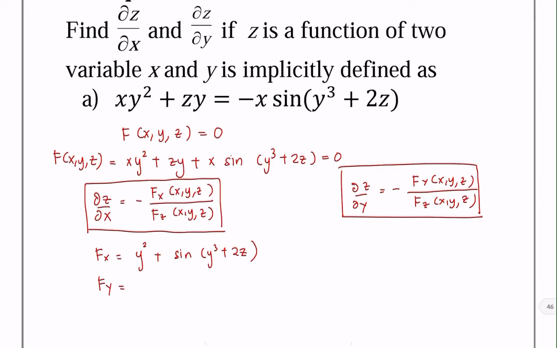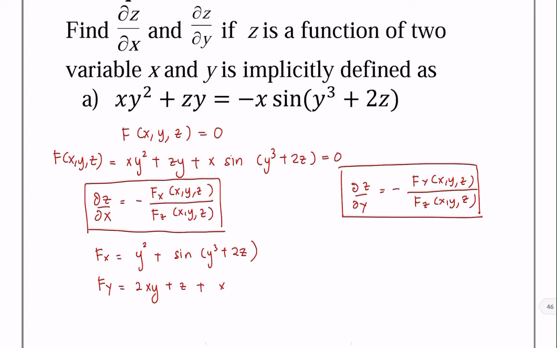How about f_y? We'll have 2xy plus z, plus this time the chain rule for x sine of y cubed plus 2z. So it will be x, and we need to differentiate sine. What is the differentiation for sine? It is cos.